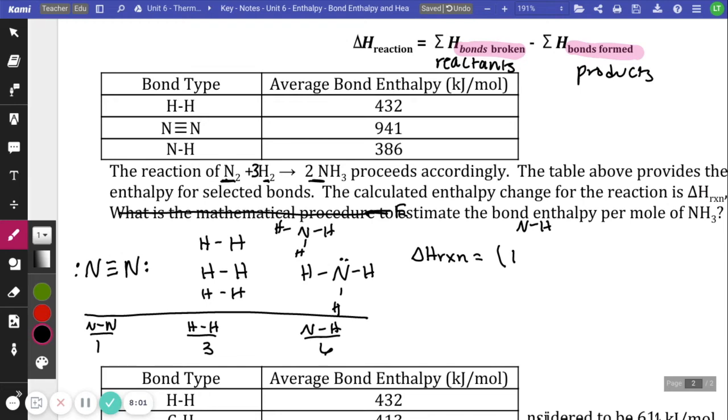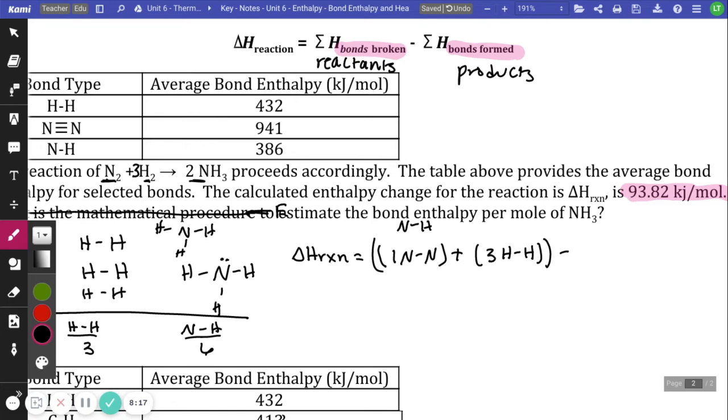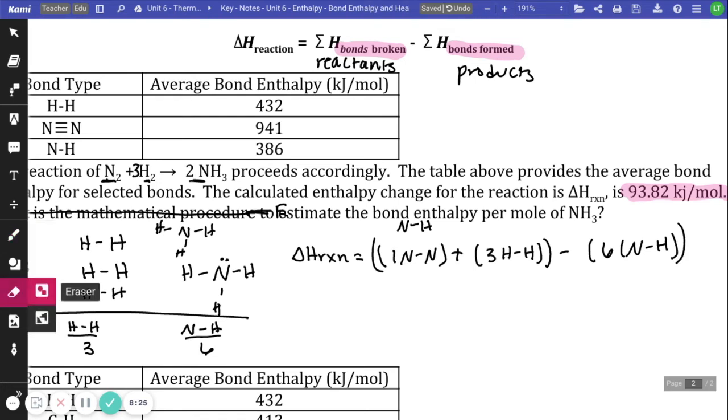So I'm going to have 1 nitrogen to nitrogen bond broken, plus 3 hydrogen to hydrogen bonds, minus our bonds formed. We are going to form 6 nitrogen to hydrogen bonds.